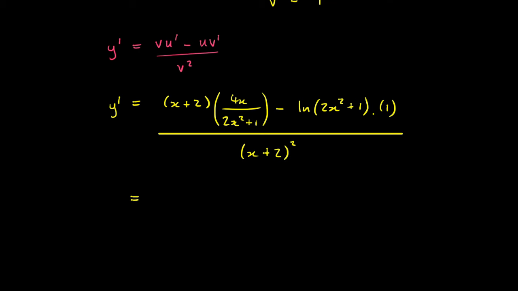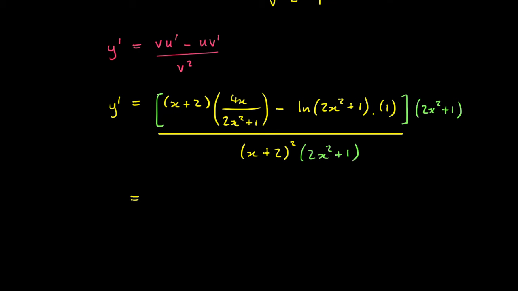And, you know, sometimes you need to tidy things up. I don't think it's so necessary here because you're going to substitute in a value later on. But let's tidy this up. In general, we don't like to have a fraction within a fraction. So we want to get rid of that term there, the 2x squared plus 1. So how are we going to do that? Well, basically, we multiply the entire numerator by 2x squared plus 1. And of course, to maintain an equivalent fraction, we also need to multiply the denominator by 2x squared plus 1 as well.